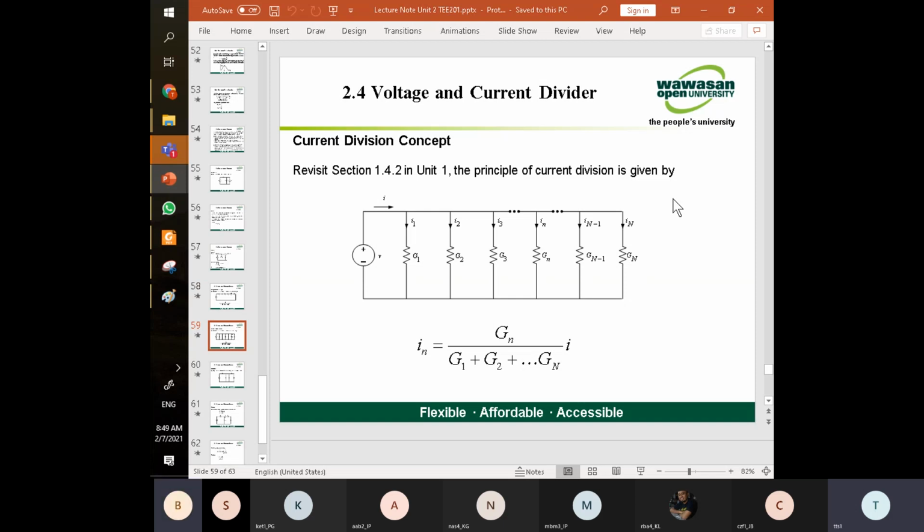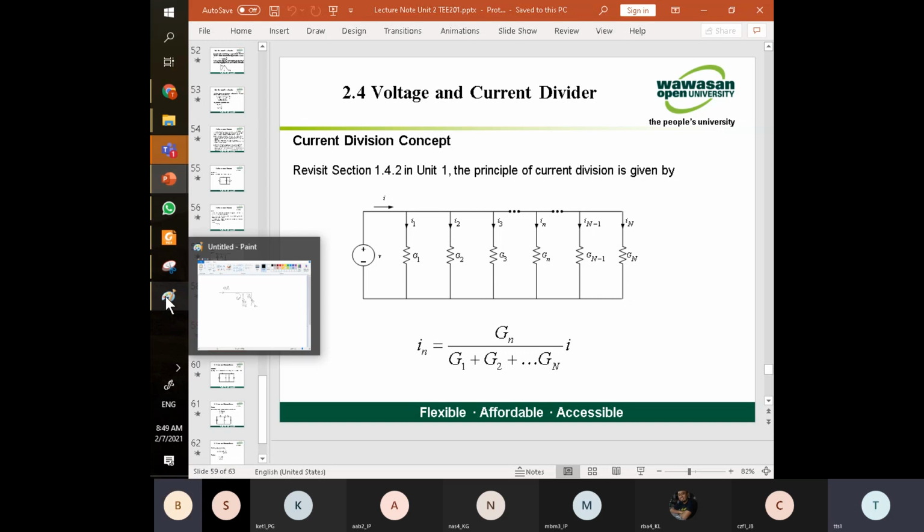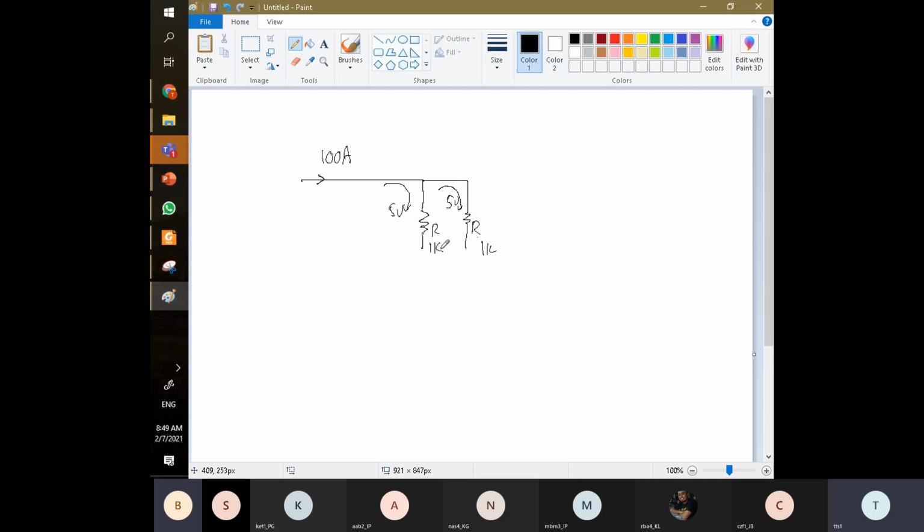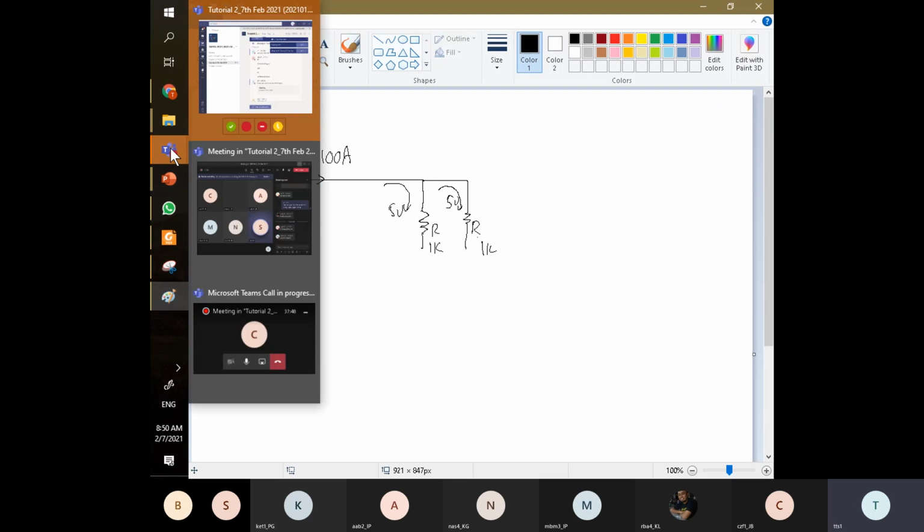Whenever you see two resistors in parallel, that means it's some kind of current divider already. So you will see this quite frequently in circuits in the future.